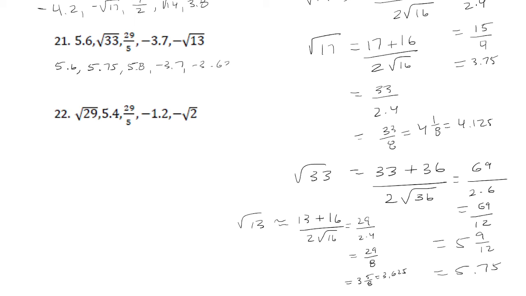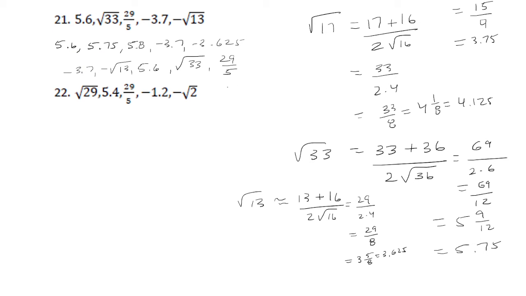That's going to be negative. So the most negative here is going to be negative 3.7, followed by the negative square root of 13. And again, we go the same order. It's 5.6, square root of 33, and 29/5.